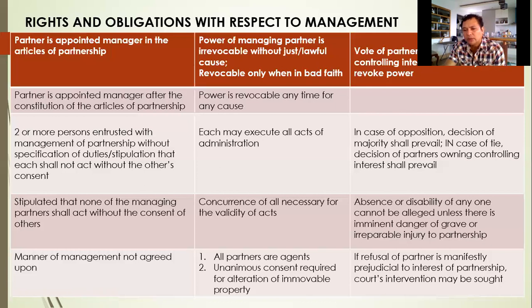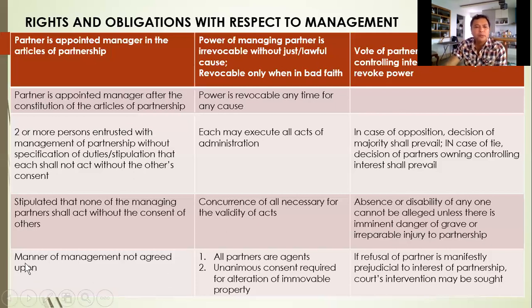No, it cannot be done, unless there is imminent danger of grave or irreparable injury to the partnership. Imminent meaning soon to happen, and grave or irreparable meaning it cannot be repaired, when this injury to the partnership will happen.